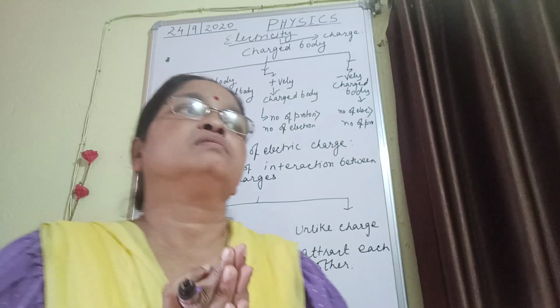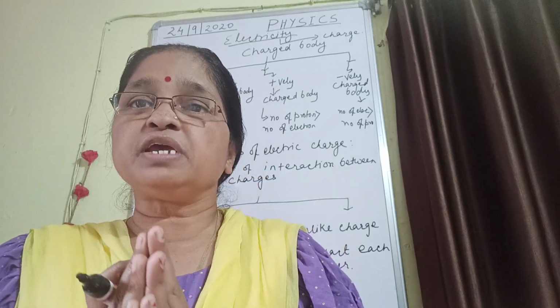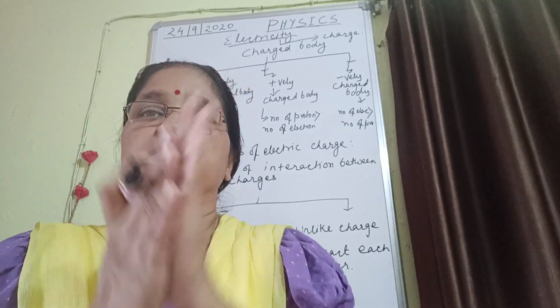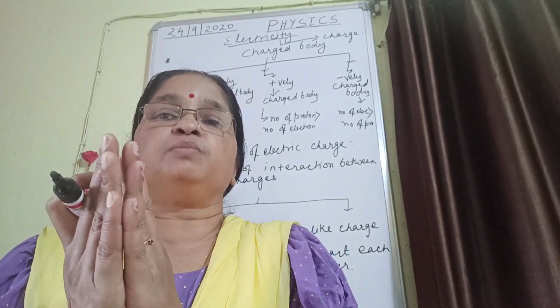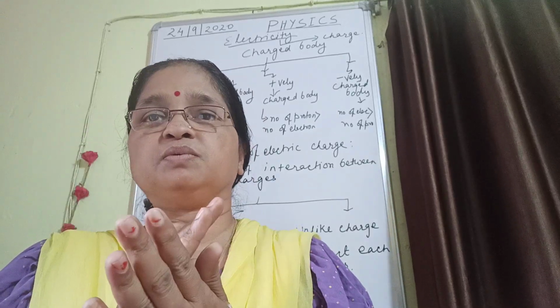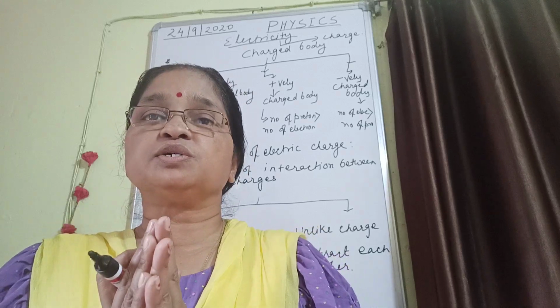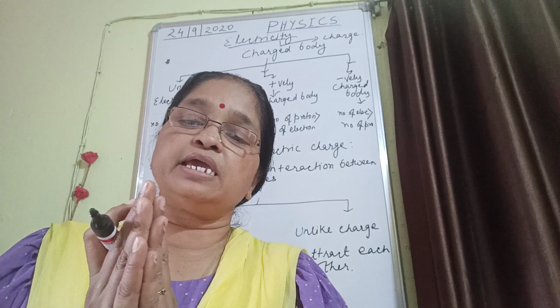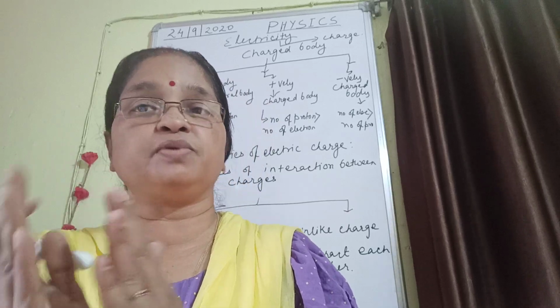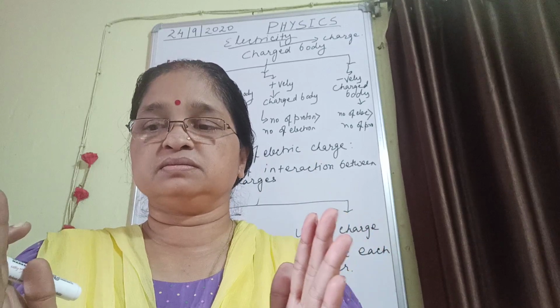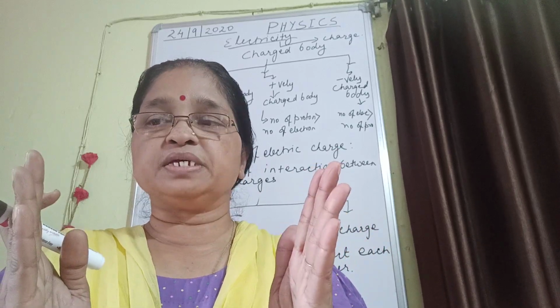When we rub a glass rod with silk, charge from one body flows to another body. Or when we rub an ebonite rod with wool, again charge flows from one body to another. But before rubbing, what happens?